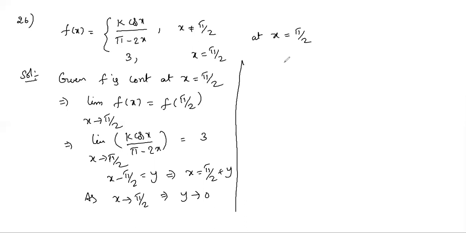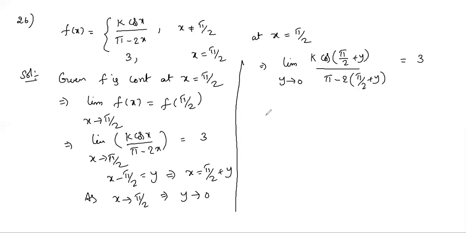So the limit changes to the limit as y tends to 0 of k into cos of pi by 2 plus y, by pi minus 2 into pi by 2 plus y, equals 3. K is constant, you can write it outside. The limit as y tends to 0 of cos of 90 plus y is minus sin y, pi will cancel, minus 2y equals 3.